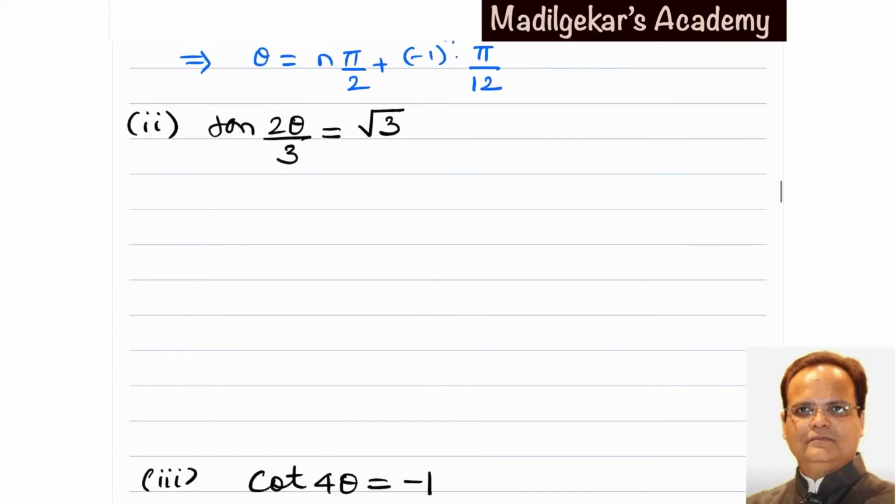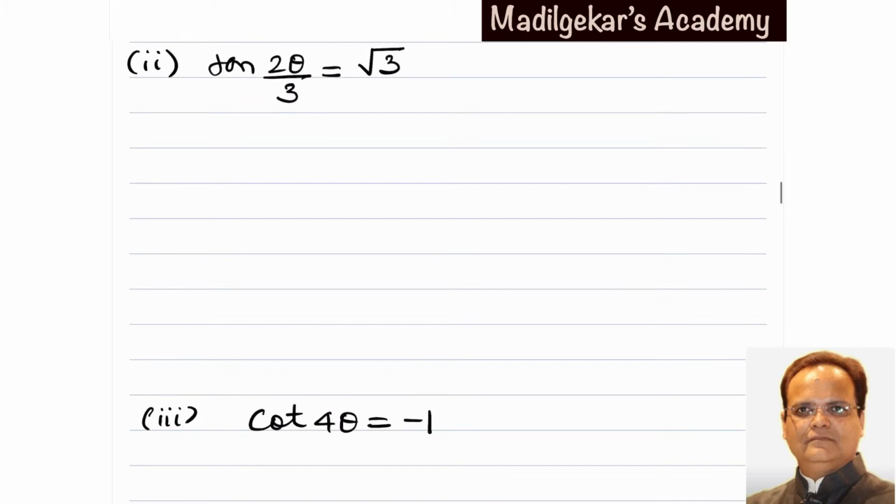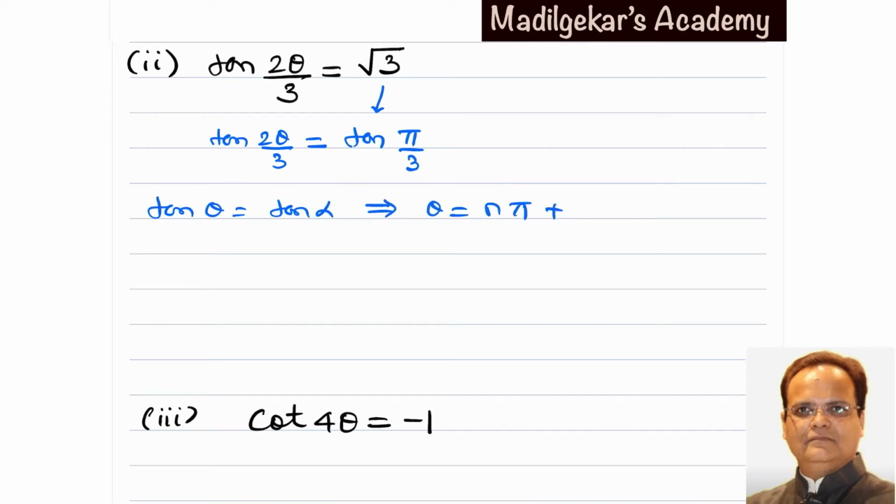Let's solve the second bit. Tan of 2 theta by 3 equals root 3. For which angle is tan root 3? Correct, it is tan of pi by 3. By applying the formula, tan theta equals tan alpha implies theta equals n pi plus alpha, we get 2 theta by 3 equals n pi plus pi by 3.